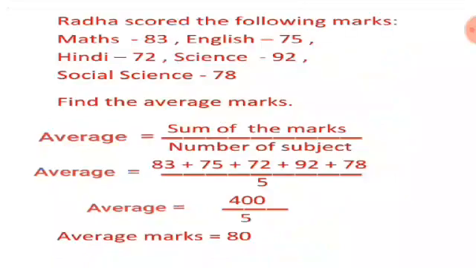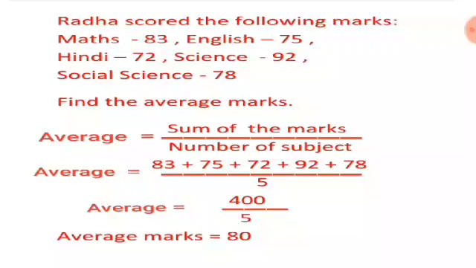Come to next one. Radha scored the following marks. Maths 83, in English 75, in Hindi 72, in science 92 and in social science 78. Now we have to find the average marks.